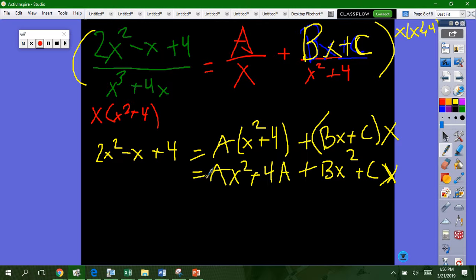You with me over there? Okay. So notice I'm looking for the things with x squared. So he's a 2. Who over on the right-hand side has an x squared? A and b, correct? Therefore, I know a plus b has to equal 2. Yes.